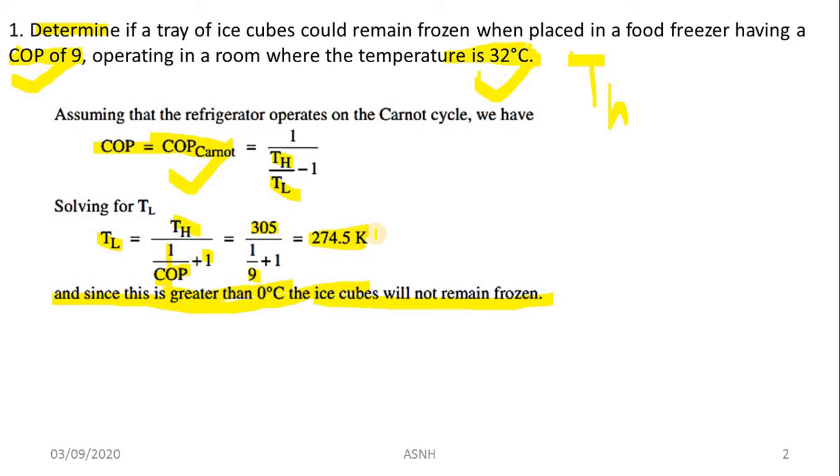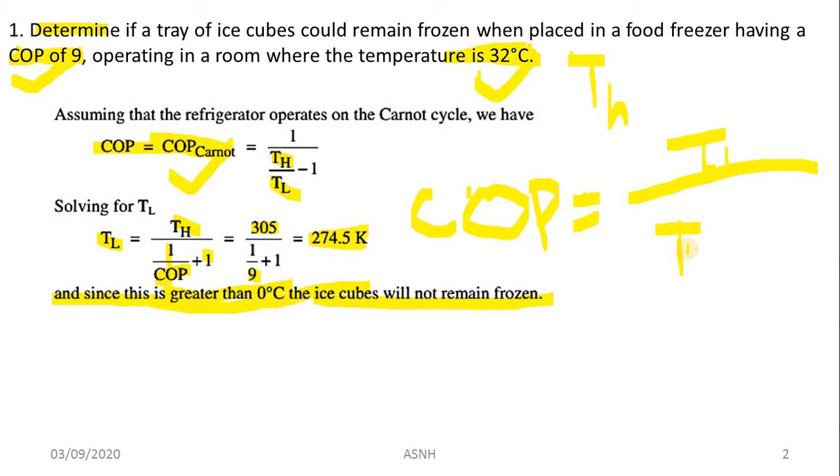If you want to cross check that answer, you can again apply the formula of the Carnot COP, which is the lowest temperature TL upon the highest temperature TH minus TL.